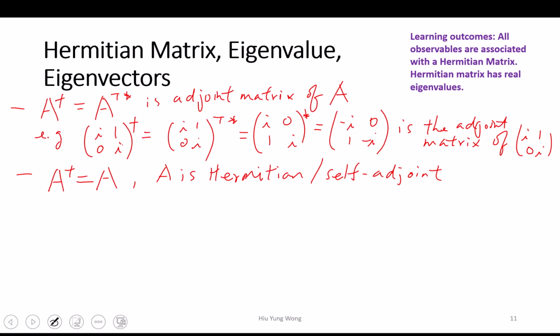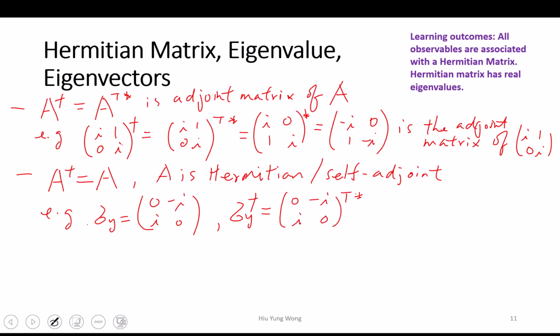Okay, for example, I have something called sigma y, which we're going to study later, which is 0, negative i, i, 0. What is the adjoint of sigma y? Well, first I do a transpose and then followed by the complex conjugate.